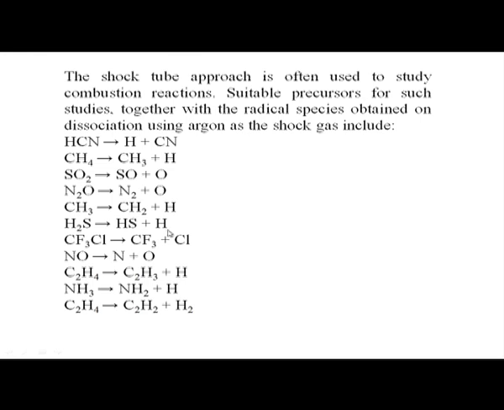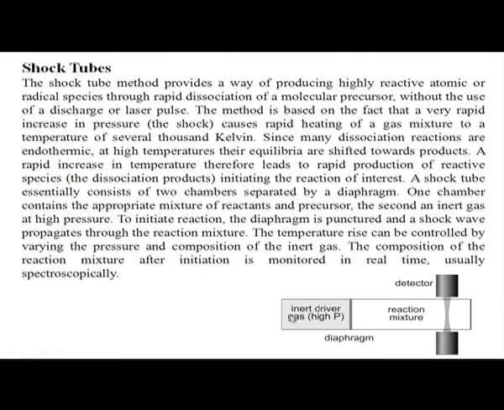So, you have got your high pressure inert gas. It is not going to hamper your reaction, in the sense that it is not going to react with your reaction mixture. It is a means to provide your shock. It is a huge pressure.